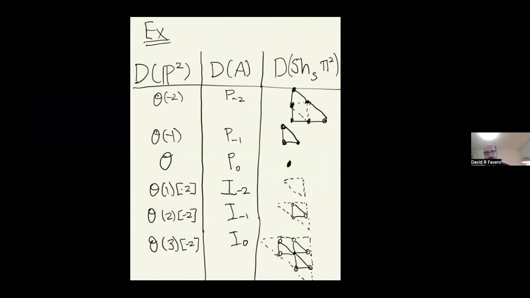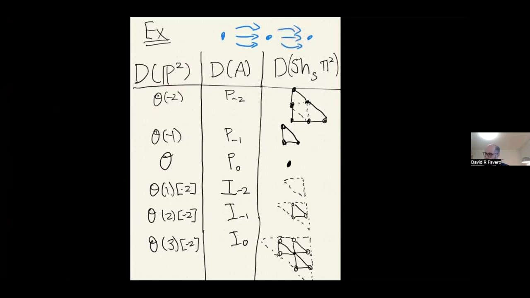So I drew this in examples. If I take the line bundles O(-2), O(-1), and O on P^2, what I end up getting is the projective modules. So I get this homotopy path algebra we've been describing on this two-dimensional torus. I'll just draw it here like this. It has these relations, and there's a projective module for each of these vertices consisting of, depending on your convention, all arrows, let's say, coming into the vertex.